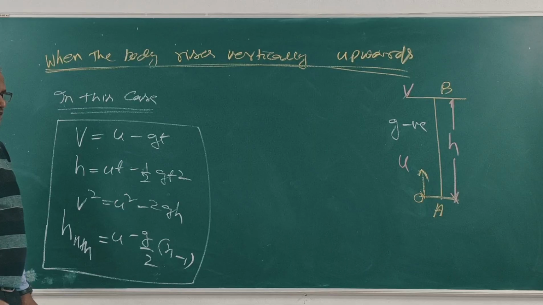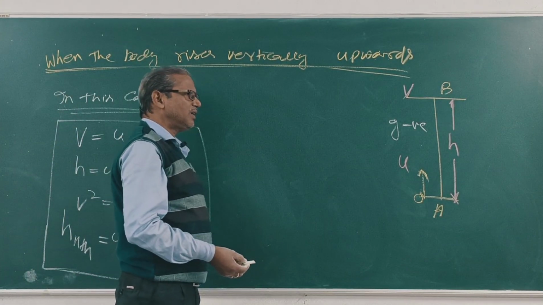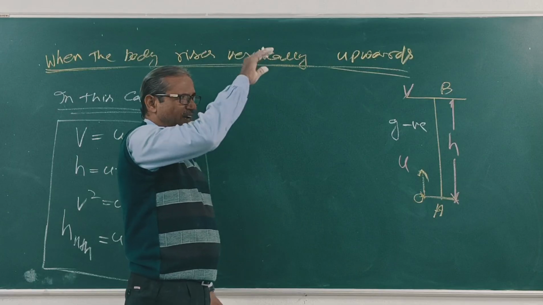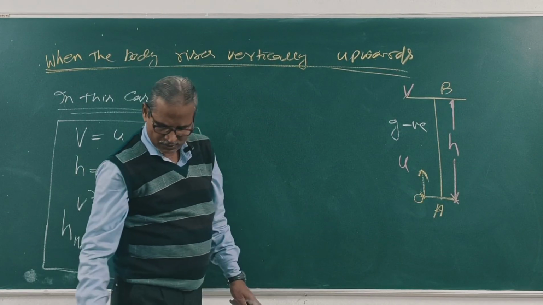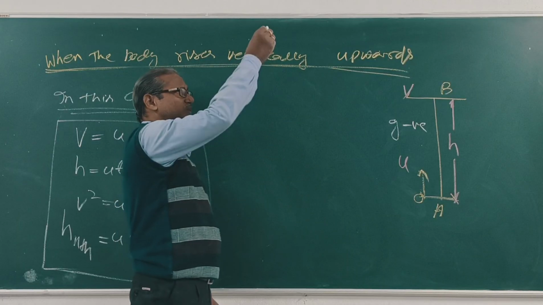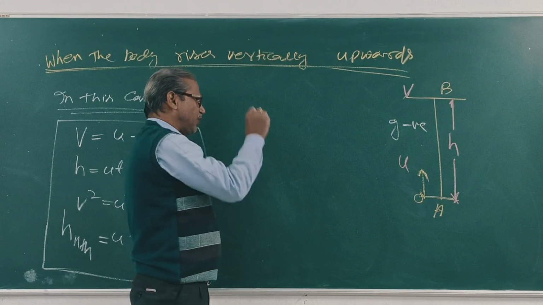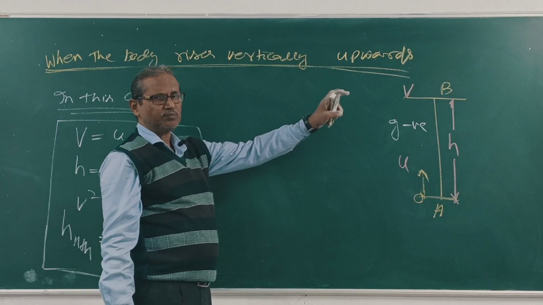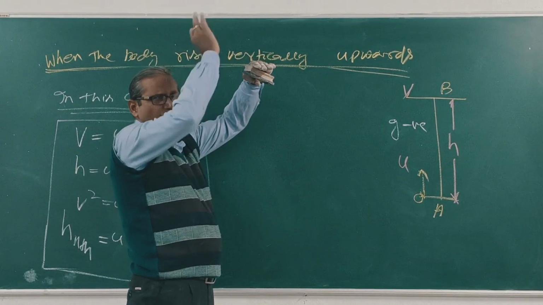Now, when the body rises upwards, at a certain height the body falls downwards. The body again returns from this side. At this point, v equals 0. That means this is the maximum height and the body will not move upwards.